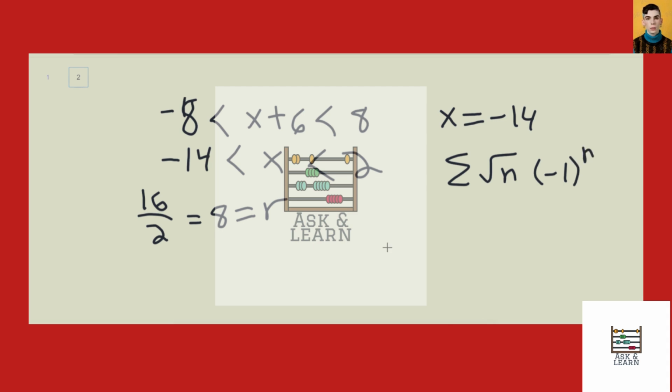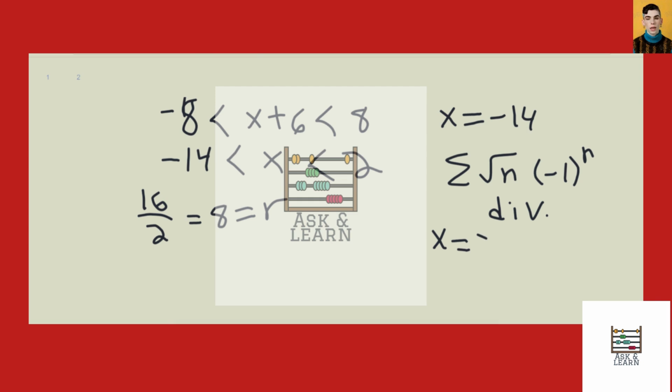But these terms are not even going to go to 0, so we can't possibly have convergence. Square root of n blows up to infinity, so this for sure is not going to converge, so we get divergence there.